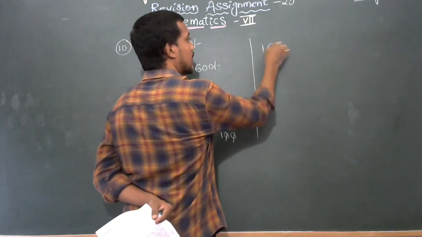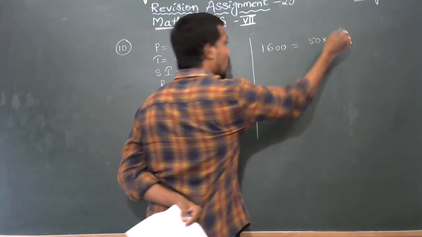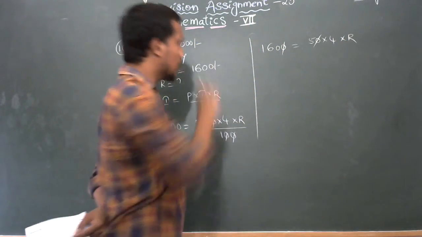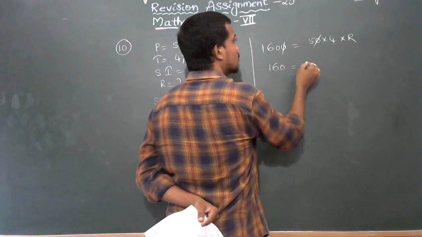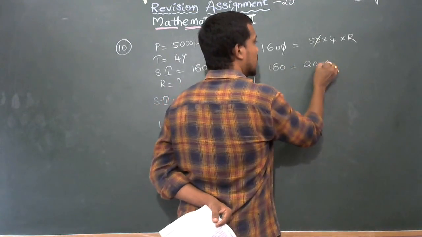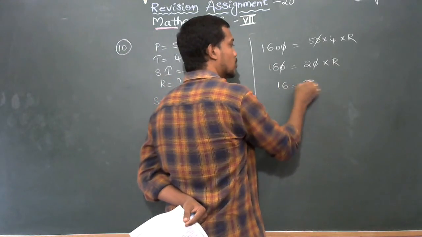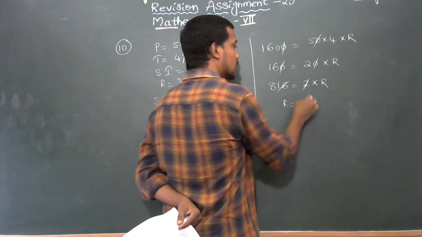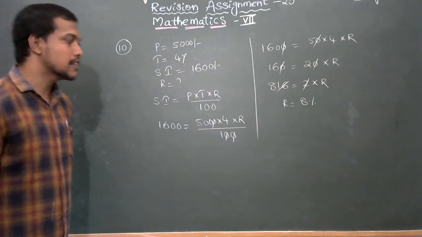So 1,600 equals 50 into 4 into R. Here 0 cancels. So 160 equals 5 fours are 20, 20 into R. Here 0 cancels. So 16 equals 2 into R. 2 eights are 16. So R equals 8%. So the rate of the simple interest is 8%.